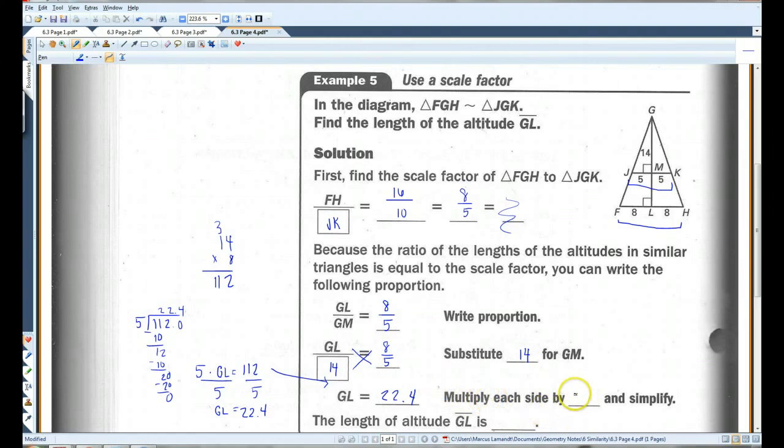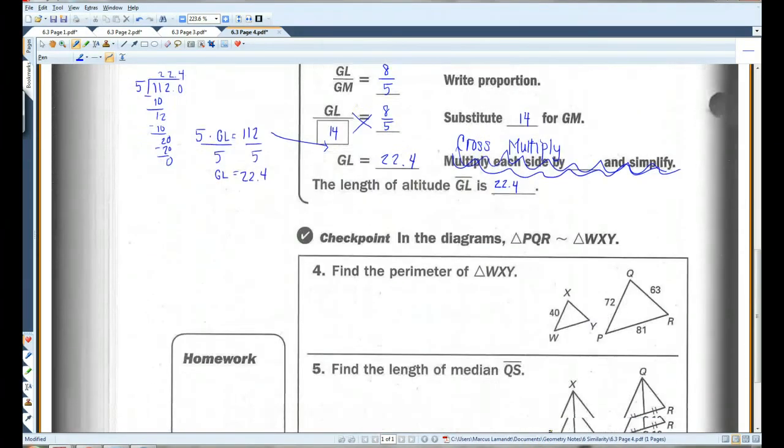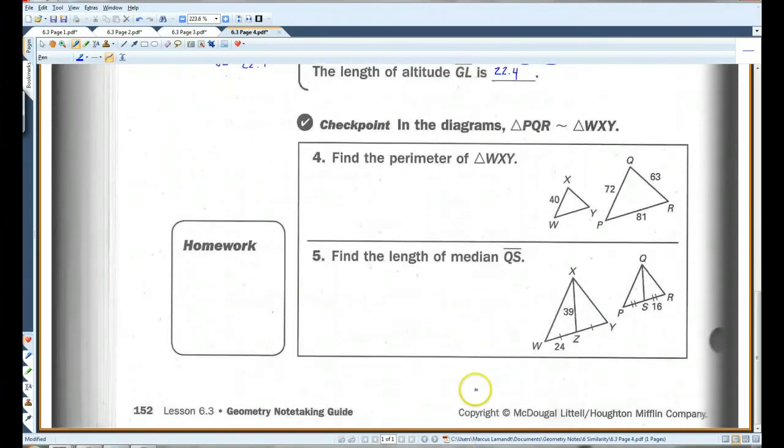Well, I multiplied each side by 14, but I cross-multiplied. So, the length of the altitude, GL, is 22.4. Alright, I'll let you guys do these 2 checkpoints, and that's all.